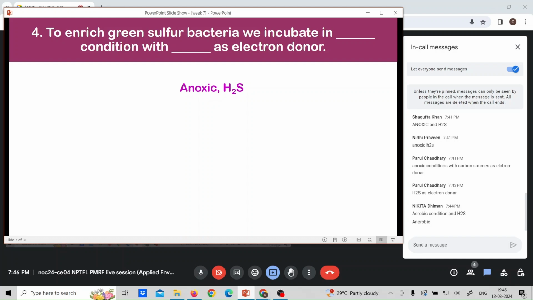I remember in week 2 or 3, I had a flow chart explaining different classifications of microorganisms based on the mode of nutrition that it has. Anyone?